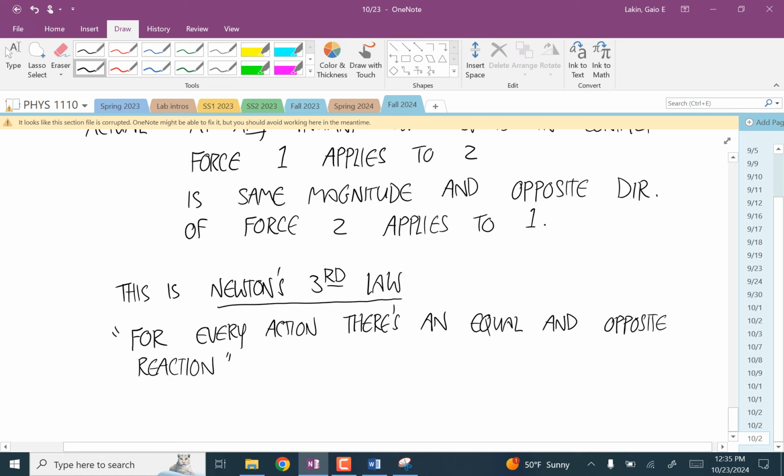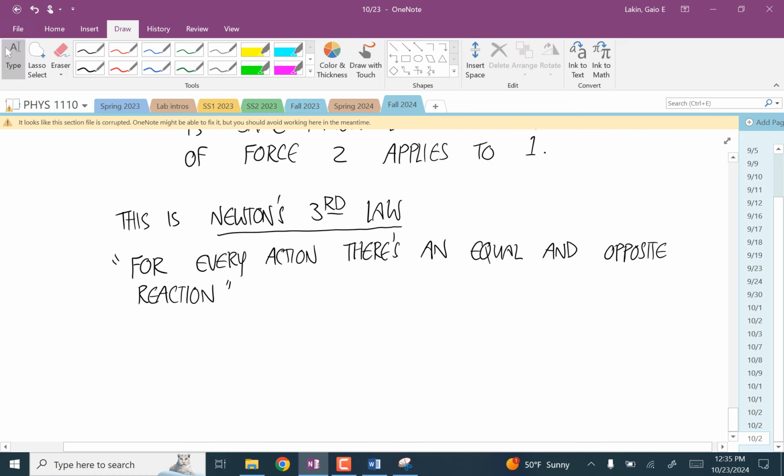So that's probably the phrase that you've heard before, but that's not a very easy wording of it to work with mathematically. This is, I think, just a better, more concise way to think about it.